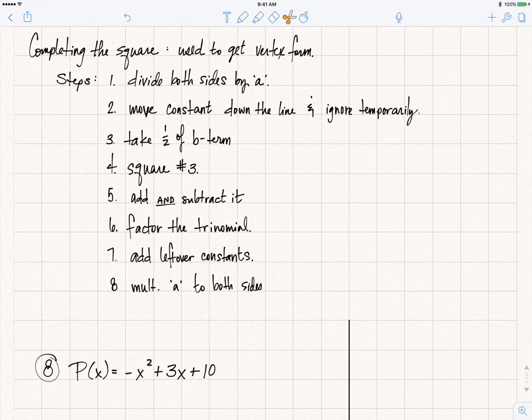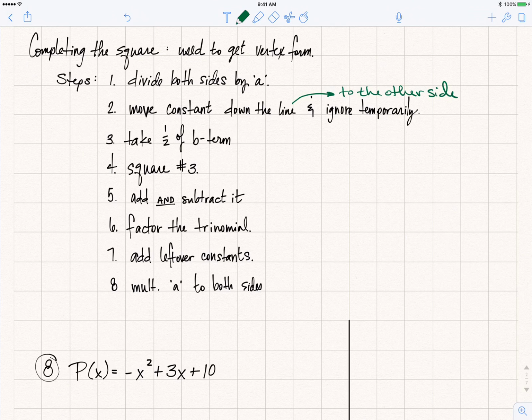You want to divide both sides by a to get rid of it. And then the other thing you want to do is move the constant down the line and ignore it temporarily. Often, I don't just move it down the line, I'll move it to the other side, and just ignore it for the time being.